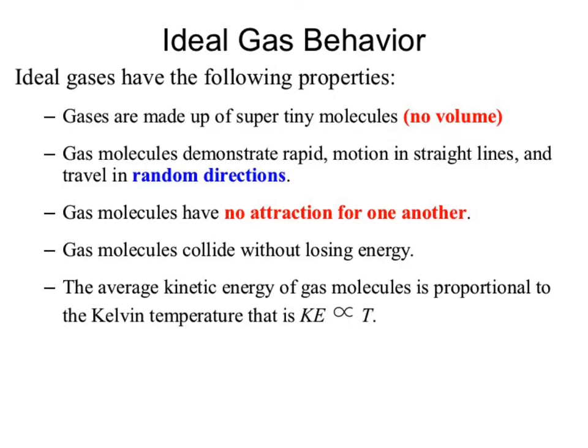It would change. I don't want to worry about that change, so I say gas particles don't have volume. Now I don't have to worry about that. The volume of the container is the volume of the container regardless of how many gas particles are there. That simplifies calculations. Okay? The next one, gases move in rapid random motions, straight lines.